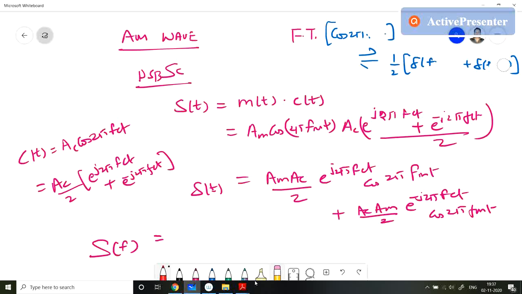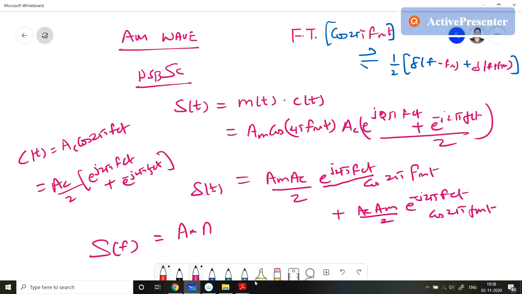So the Fourier transform of cos 2 pi fmt is 1 by 2 times delta(f minus fm) plus delta(f plus fm). Now we are multiplying this signal with cos 2 pi fmt, so the frequency shifting will take place.